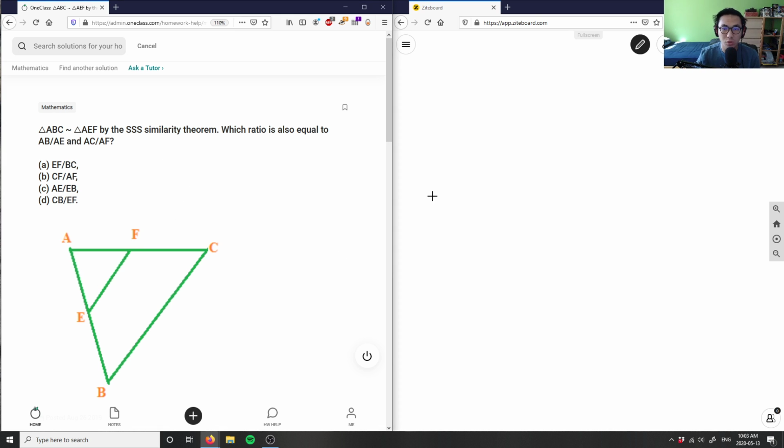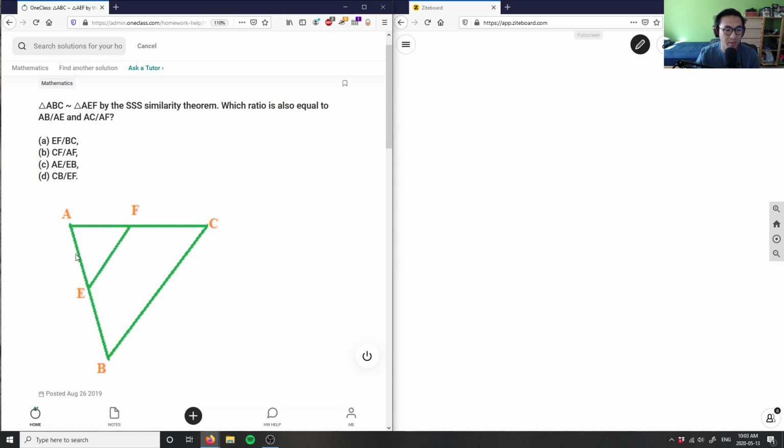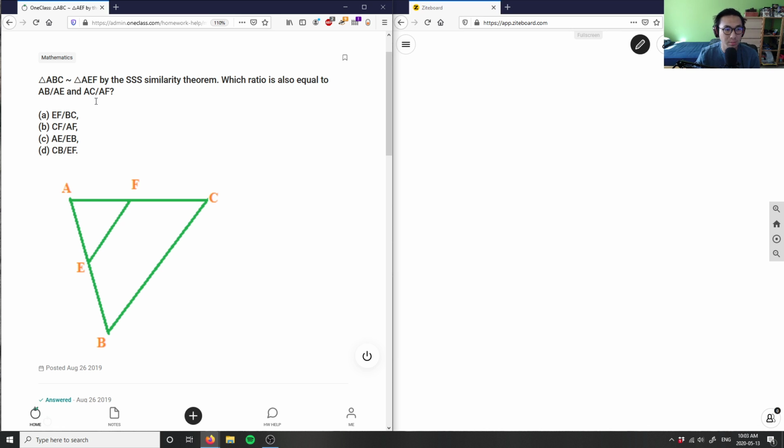We have basically a triangle within a triangle: the big triangle ABC, and then a smaller triangle AEF, and both of these are similar. When we talk about similar, we're talking about these triangles being similar because of the side similarity theorem, which states that all three pairs of sides are proportional to each other.